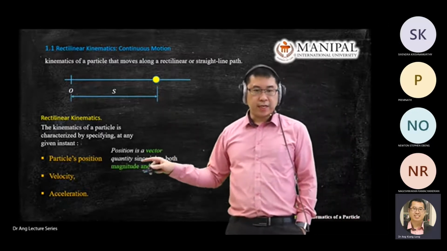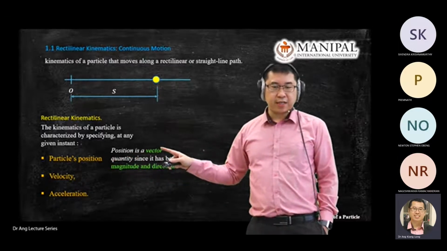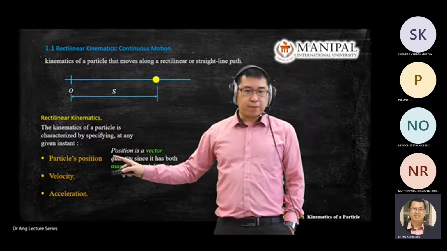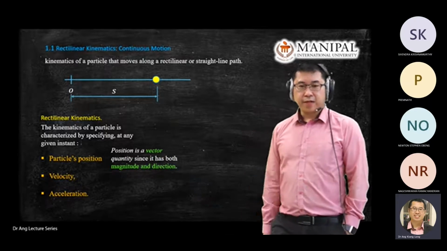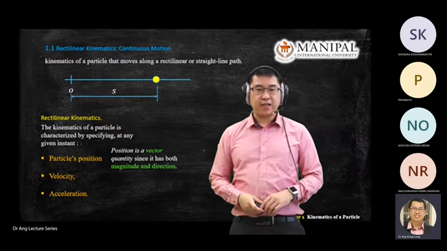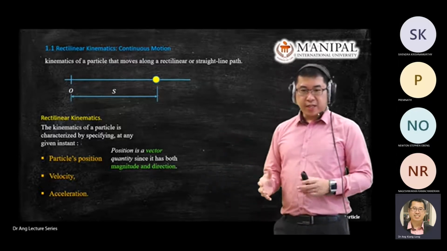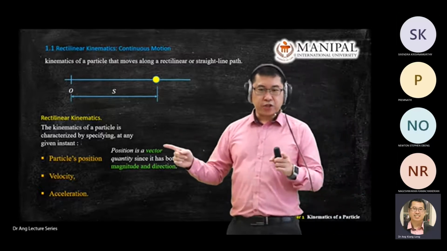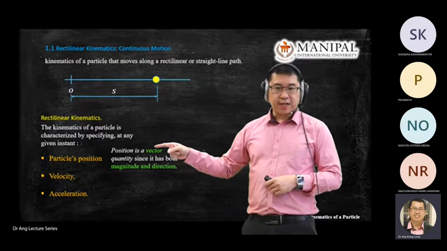So again, just a reminder, we are dealing with vectors in this module. A particle's position, or the word position itself, is a vector. Now, if you recall the definition of a vector, a vector is a quantity that has direction and magnitude. All right, position is a vector.